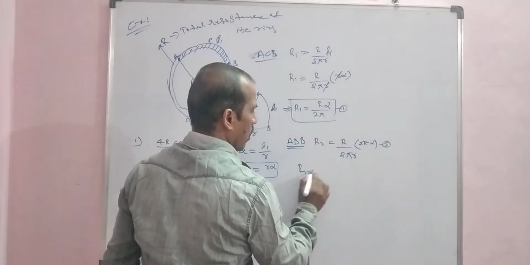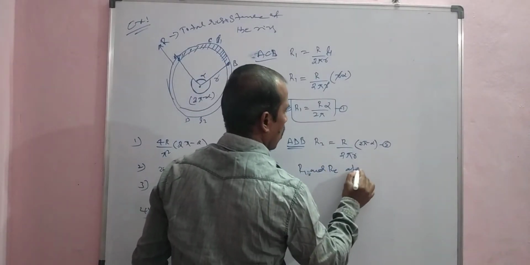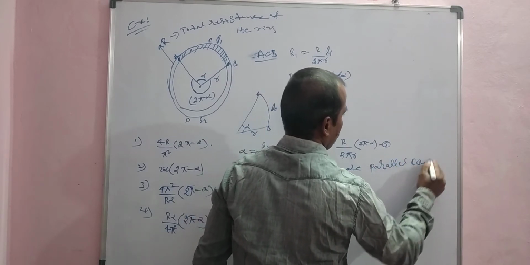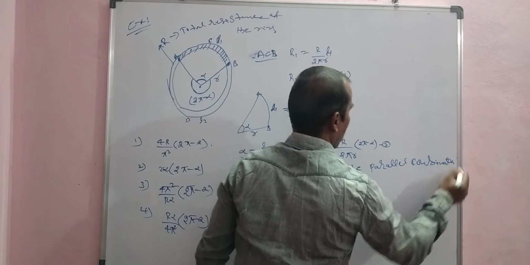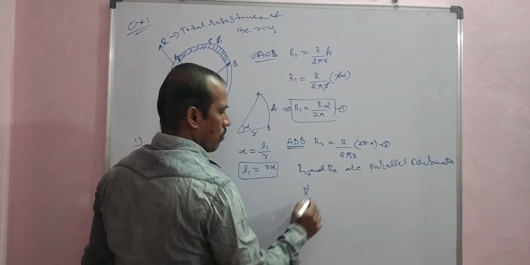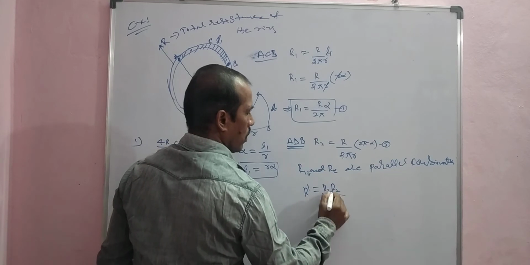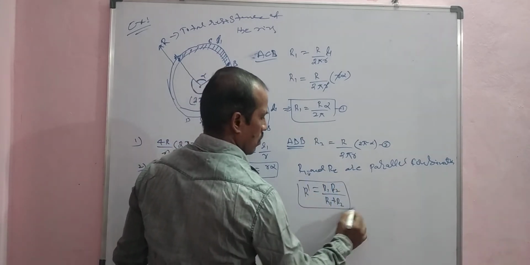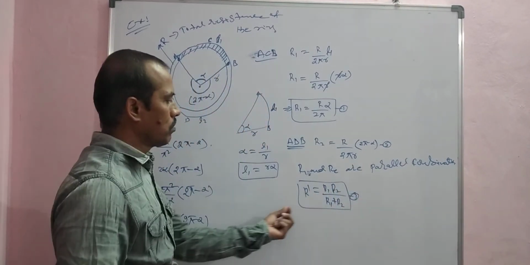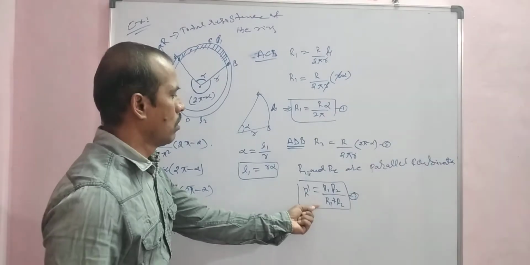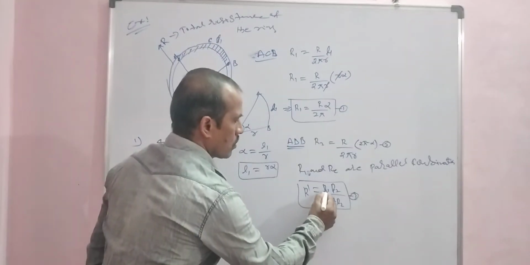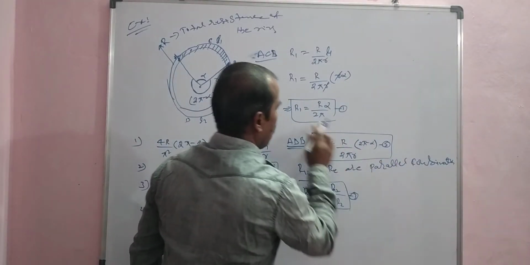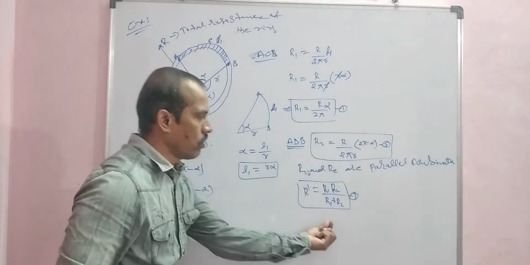So the effective resistance R prime is equal to R1 R2 by R1 plus R2. This is equation 3. Substituting equation 1 and equation 2 in equation 3.